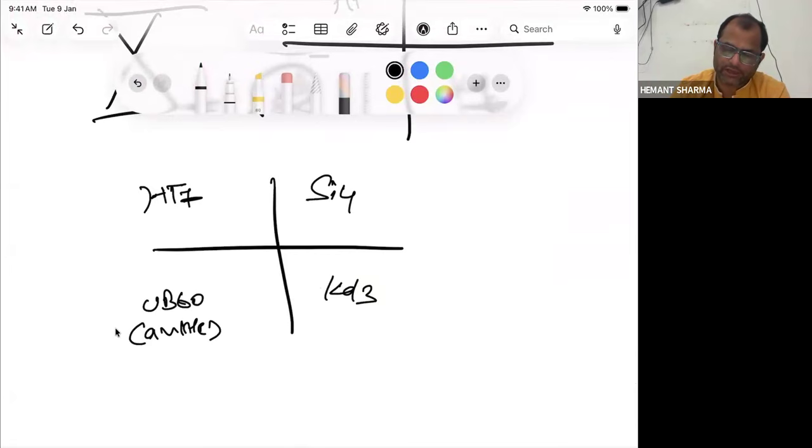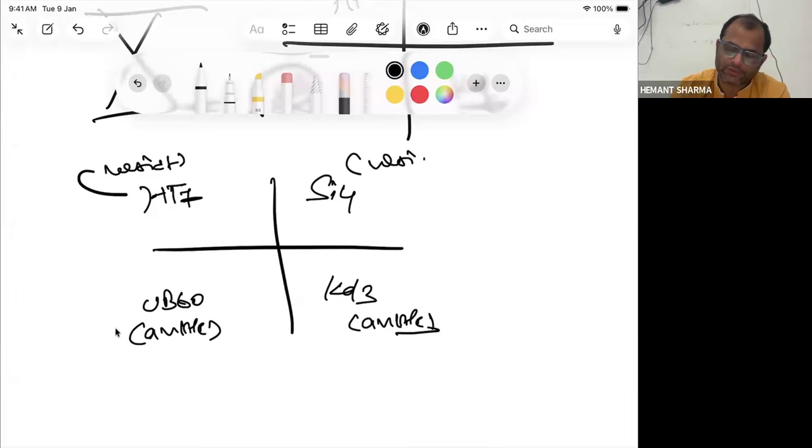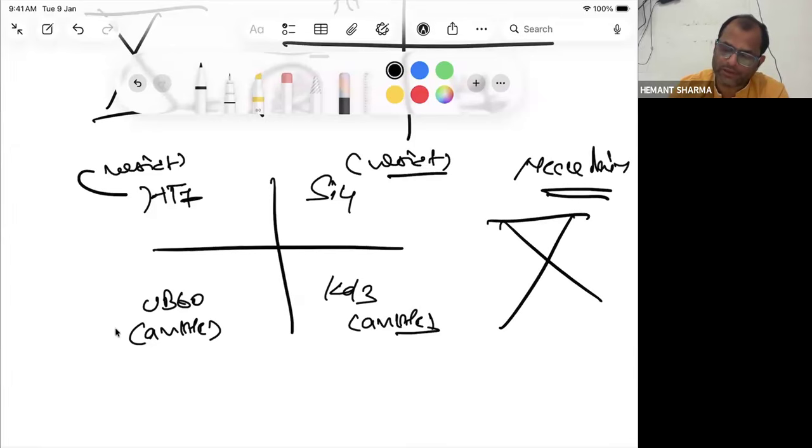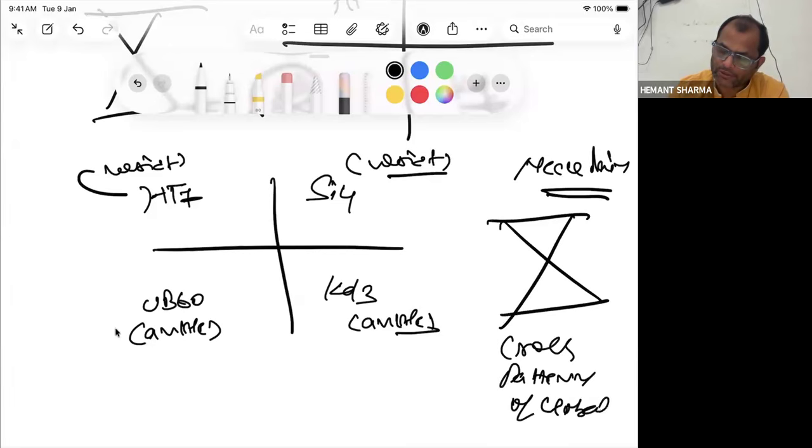So these points on the ankle and these points on the wrist. With the help of these points, we can treat neck pain. This is the perfect balance through the cross pattern of the global balance method.